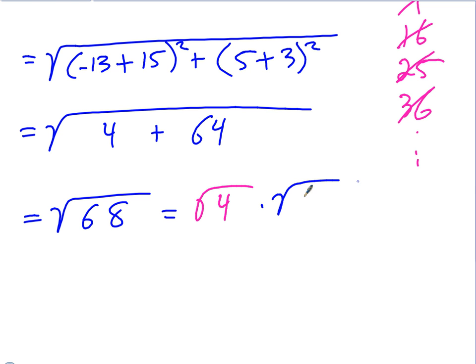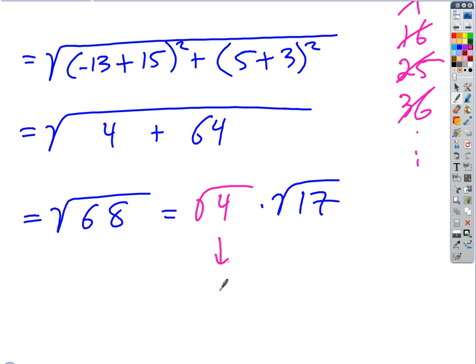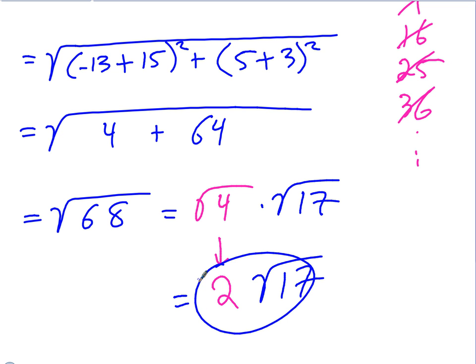There you go. Okay, right? Does that make sense? So we've broken up the 68 into a 4 times 17 because what's the square root of 4? So that's an exact answer that's also simplified. Okay? So that's what we really want to put there.